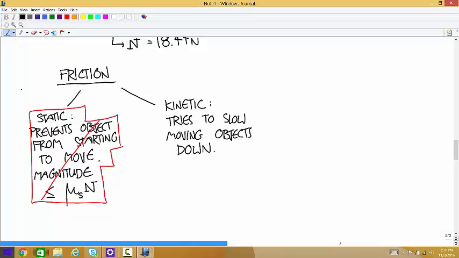This one doesn't have any possible range of values. The static friction has a whole range of values, anywhere from 0 all the way up to this coefficient times the normal. Kinetic friction always has the same magnitude, and that magnitude is equal to a coefficient, the Greek letter mu, but this time we'll use the subscript k for kinetic, times the normal force pushing the two surfaces together.